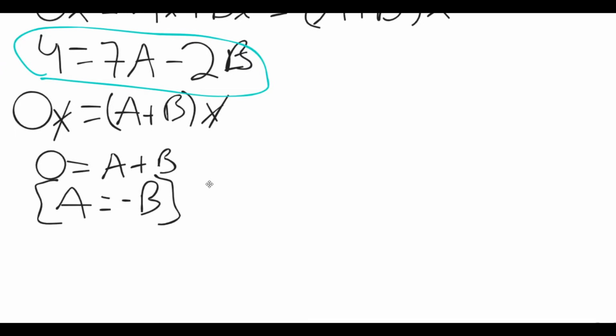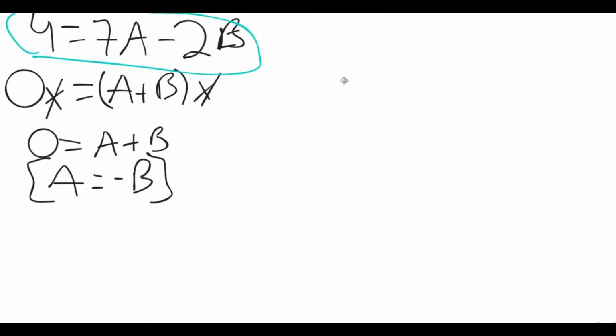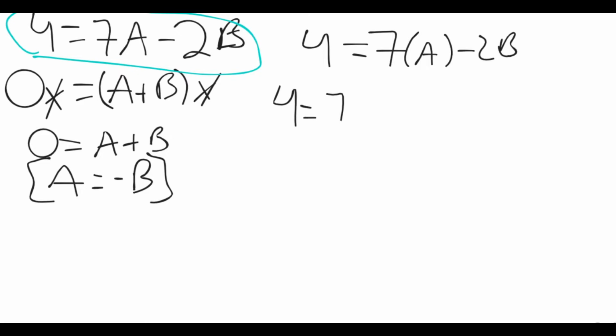So what exactly am I doing? Right here we have 4 equals 7a, I'm going to put parentheses around a, minus 2b. And I'm going to substitute the a for negative b: negative b minus 2b.